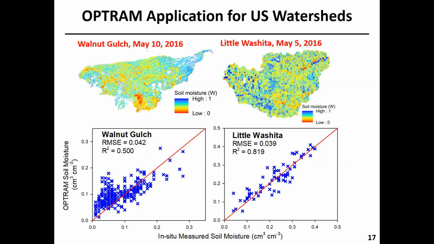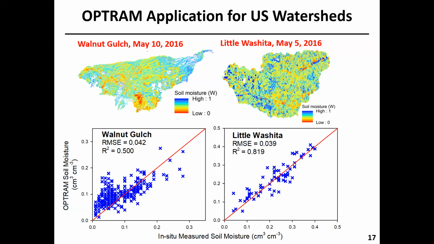So we initially evaluated the OPTRAM model for 2 watersheds in the United States, the Walnut Gulch watershed in Arizona and Little Washita watershed in Oklahoma. And we showed that OPTRAM yields reasonable estimates of soil moisture when compared to the in situ soil moisture data.